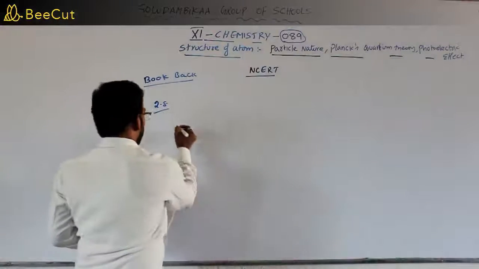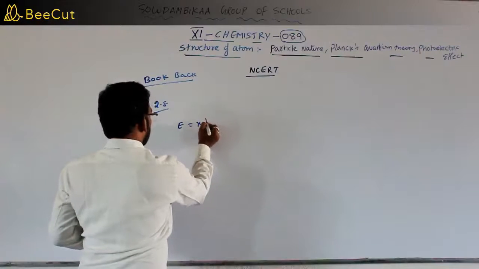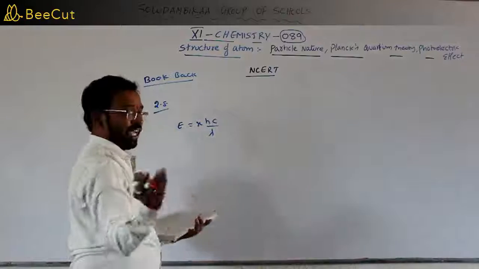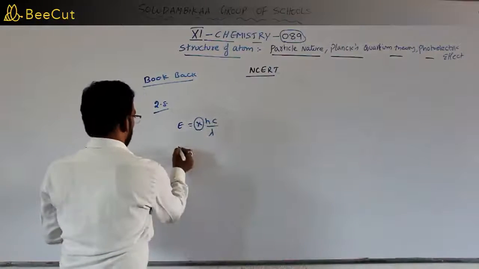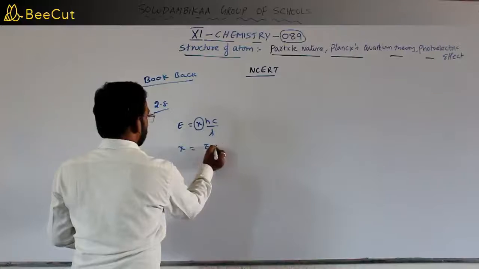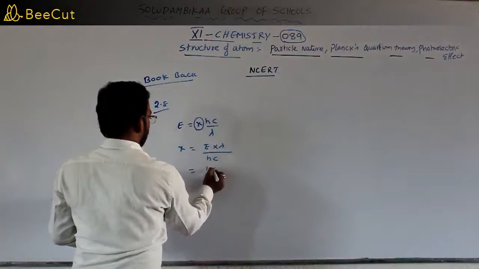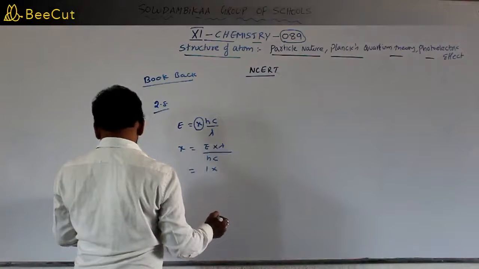Now here we need to use the formula E is equal to x into hc by lambda. So 1 photon is given, so we have to calculate the x value. So x is equal to, we know that, E into lambda by hc. E value is given, 1 joule. Lambda value, how much is given? 4000 picometer.